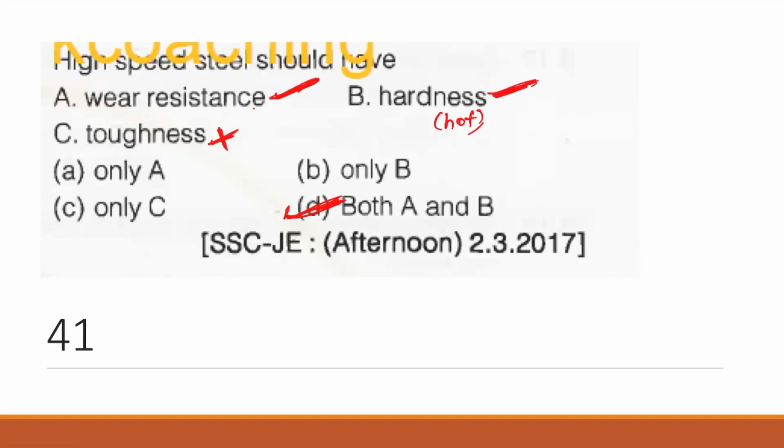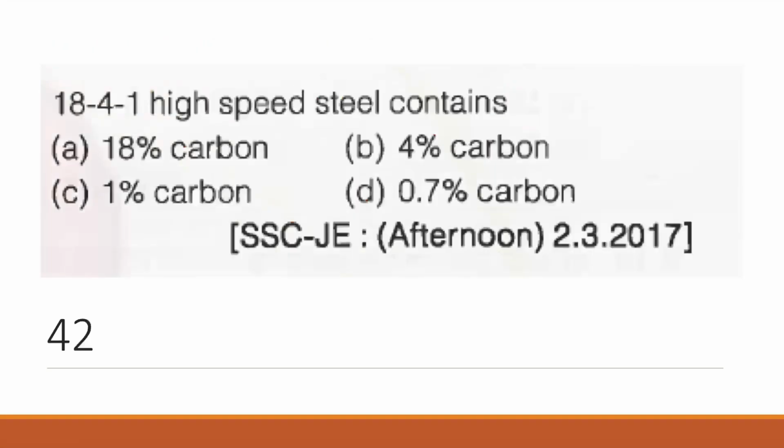Now question number 42, and this is a very important question, guys. Focus here. 18-4-1 high speed steel contains. Basically we have to understand what this 18 indicates, what 4 indicates and what 1 indicates, and that's how you can determine the answer here.